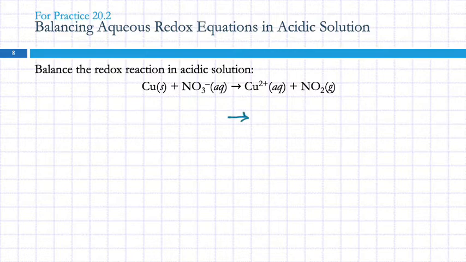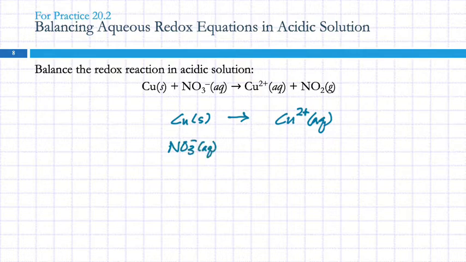I'm just going to start with the first thing, which is copper. And which of the products belongs on the other side of this arrow? The Cu2+, right? It's the one that's most similar. And so my other reaction will be NO3 minus, and that must turn into NO2 gas.